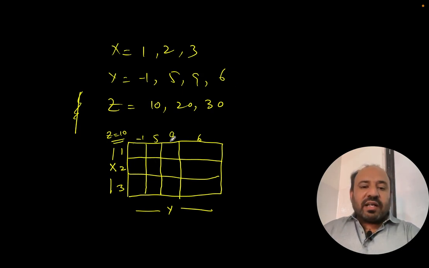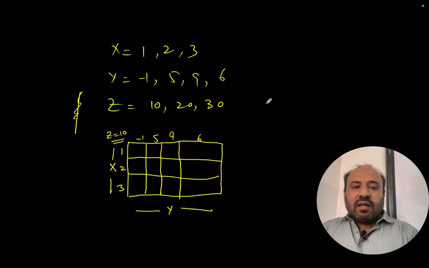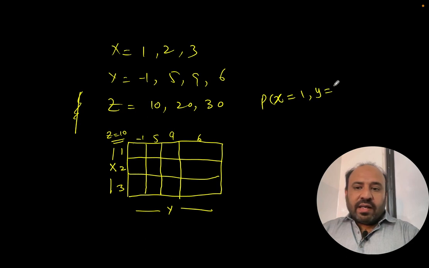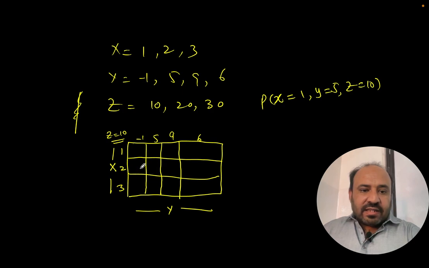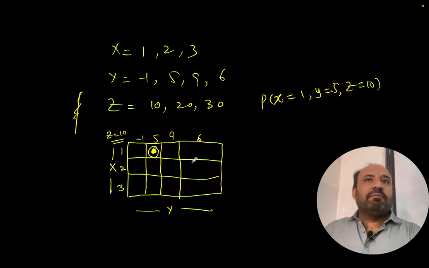So what's the probability, for example, that x is 1, y is 5, and z is 10? That is 1, 5, 10. This is the cell we are referring to, whatever the number inside. Now you will have another matrix for z equal to 20.